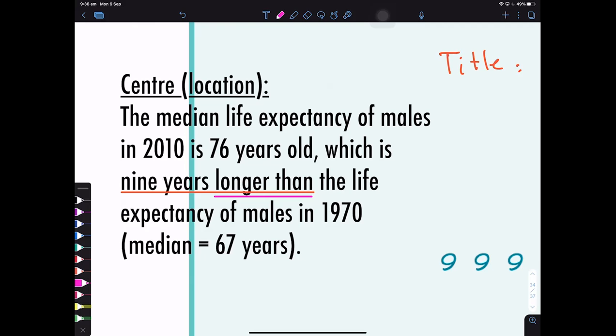When you're comparing, am I shorter than or am I taller than? Am I longer than or am I shorter than? Is it more or is it less? This is something that you need to include in your comparisons. Is it more narrow or is it more wide, if we talk about spread?